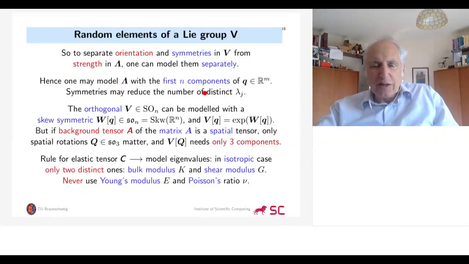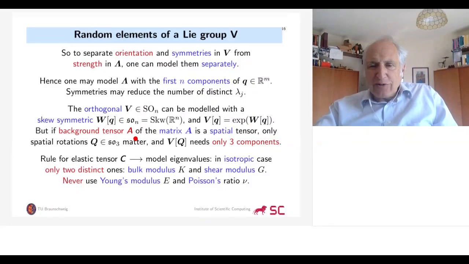For instance, the elasticity tensor, if it's isotropic, has only 2 different eigenvalues, not the 6 that you would expect. We'll come to this in a second. The orthogonal matrix you could model with a skew-symmetric Q, as we did for SO(3) before, and then take the exponential mapping.